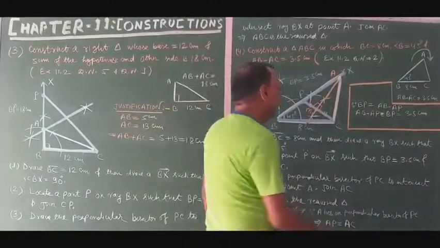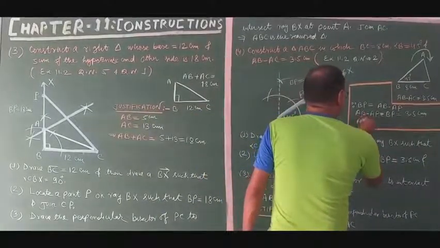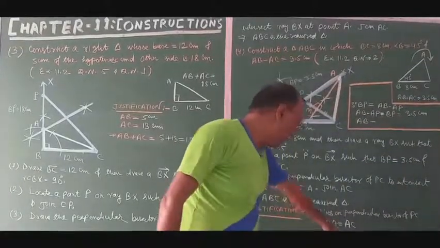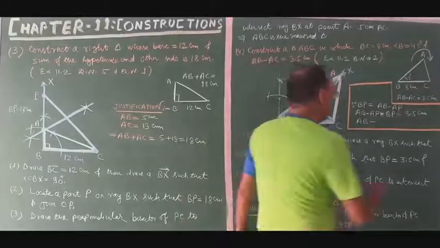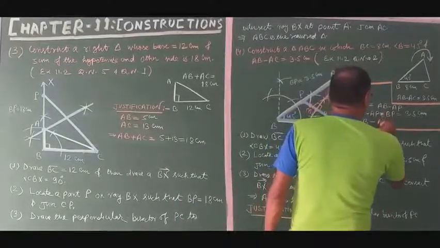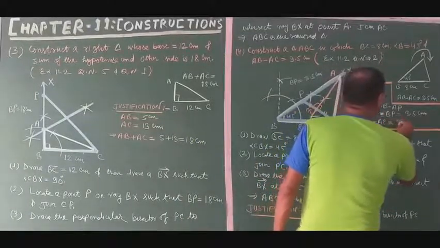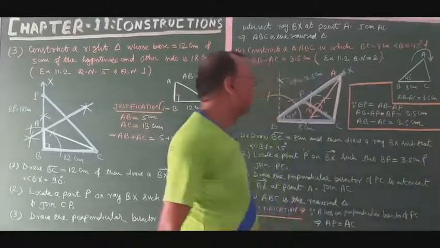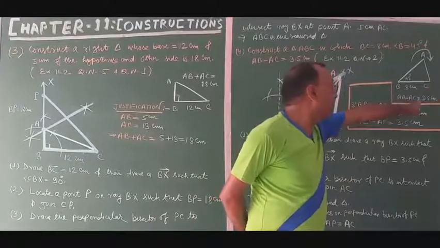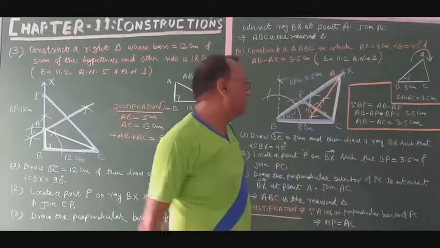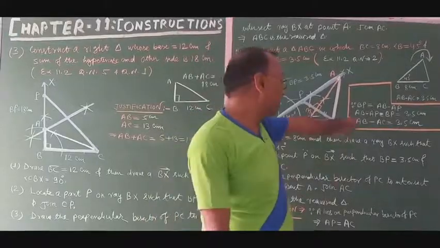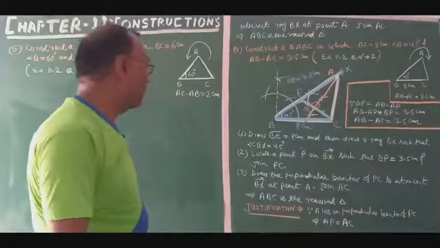Now AB will remain here, and in place of AP we can write AC. AB minus AC is 3.5 centimeter. And this is what we had to justify. So in this way, this construction is justified.